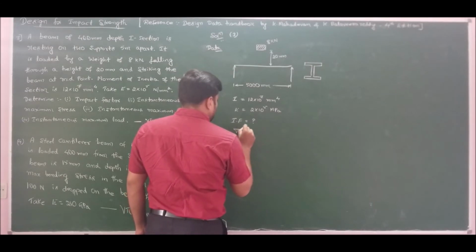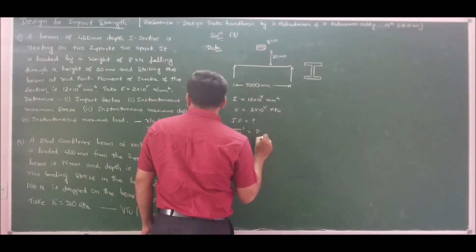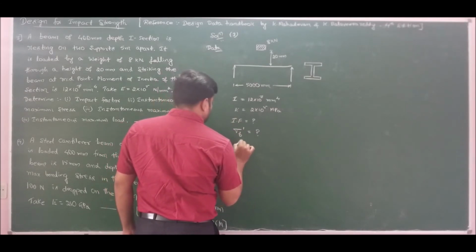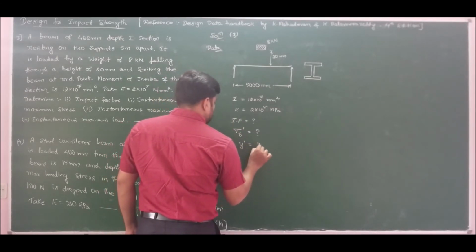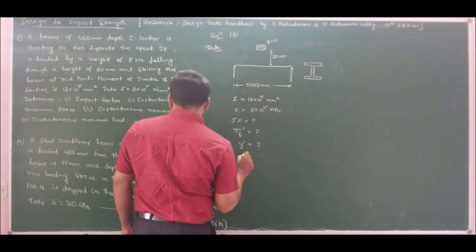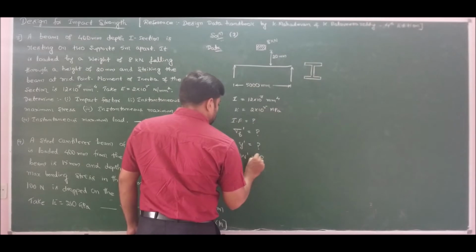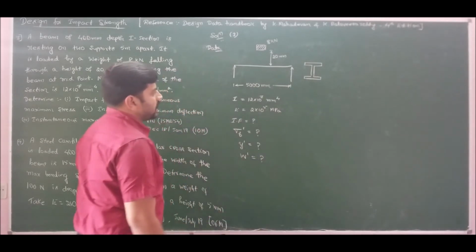Since it is a bending case, we should calculate sigma B dash, instantaneous maximum deflection Y dash, and instantaneous maximum load W dash. So dash stands for instantaneous or impact quantities.